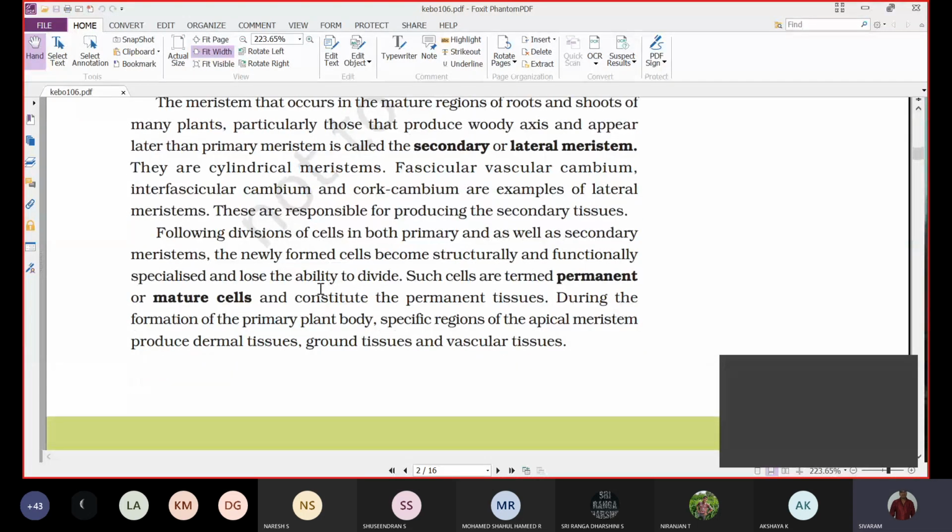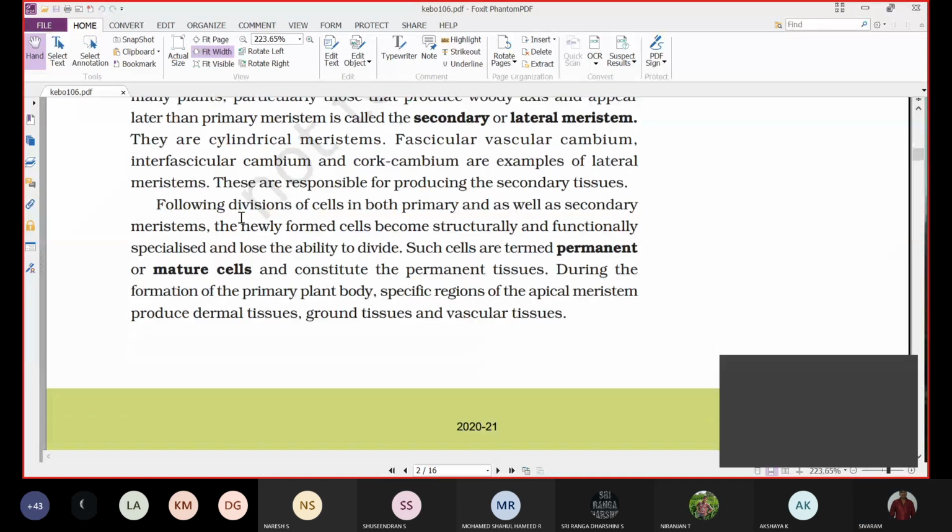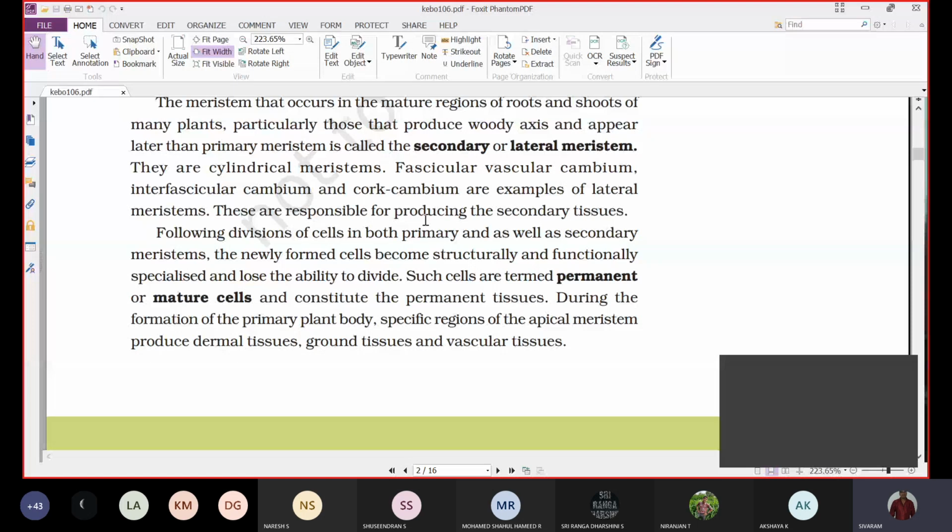And next, remember very clearly, we'll come across all these later. These are examples of lateral meristem. These are responsible for producing the secondary tissues, which are responsible for secondary growth in plants.